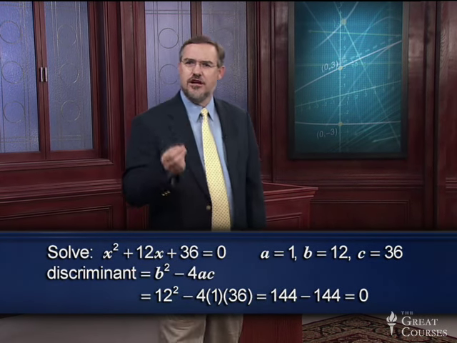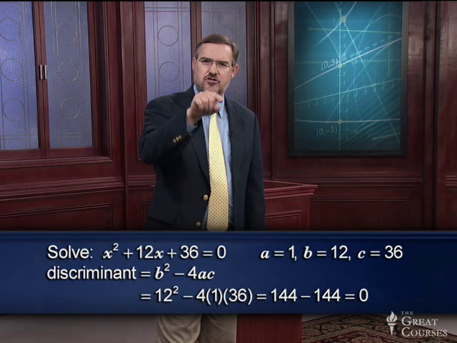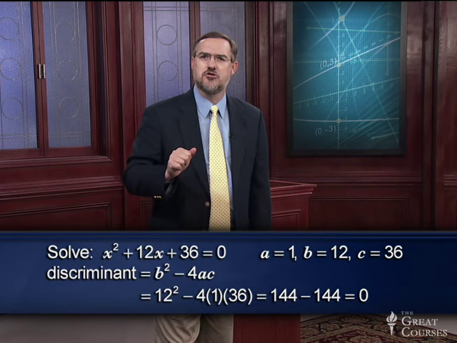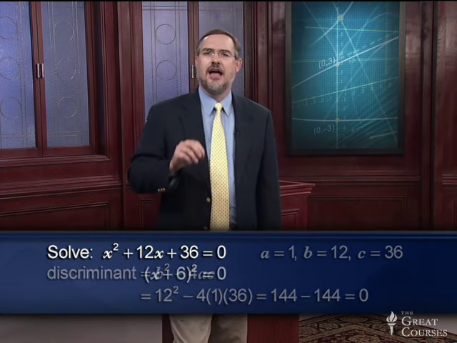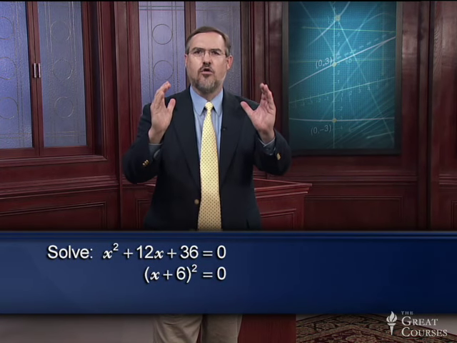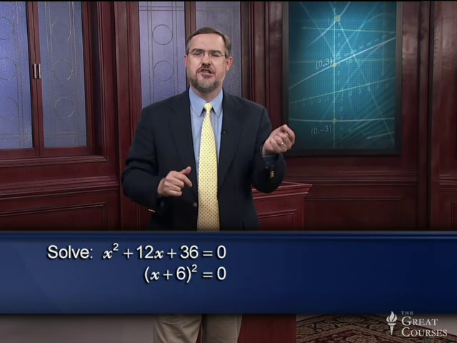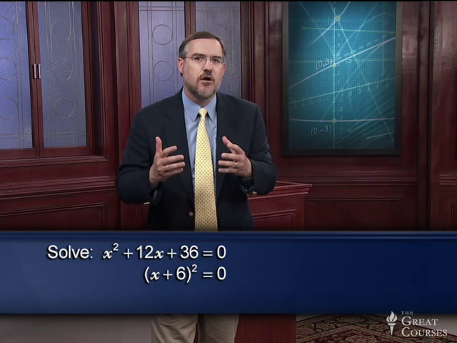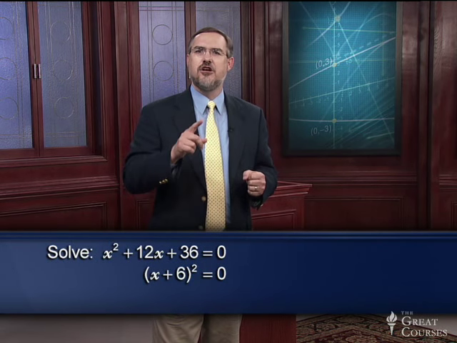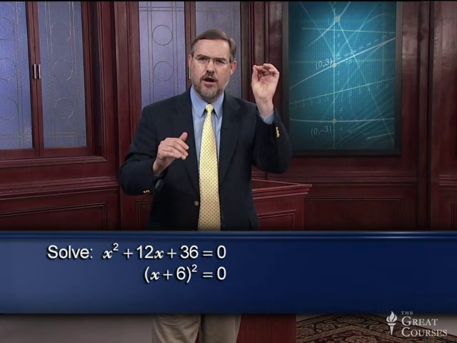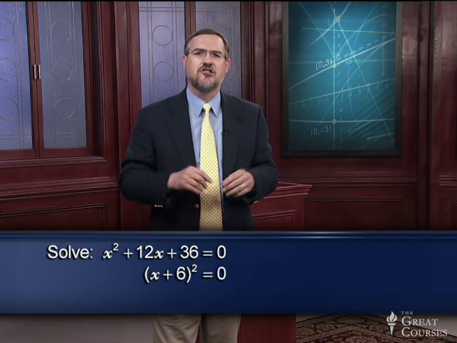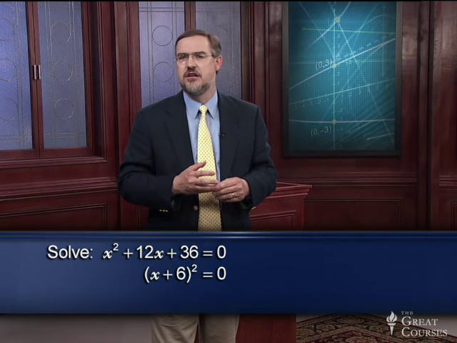In fact, if you look at the original equation that we started with, x squared plus 12x plus 36, I can rewrite that as x plus 6 whole thing squared equals 0, using a little completing the square from a previous lesson. And we know that there's only one solution of the equation x plus 6 squared equals 0, and that solution is x equals negative 6.